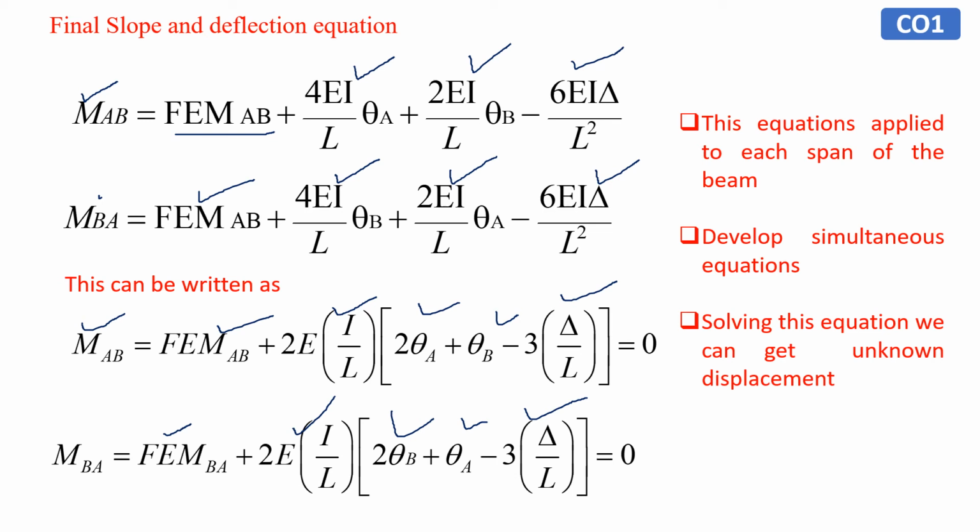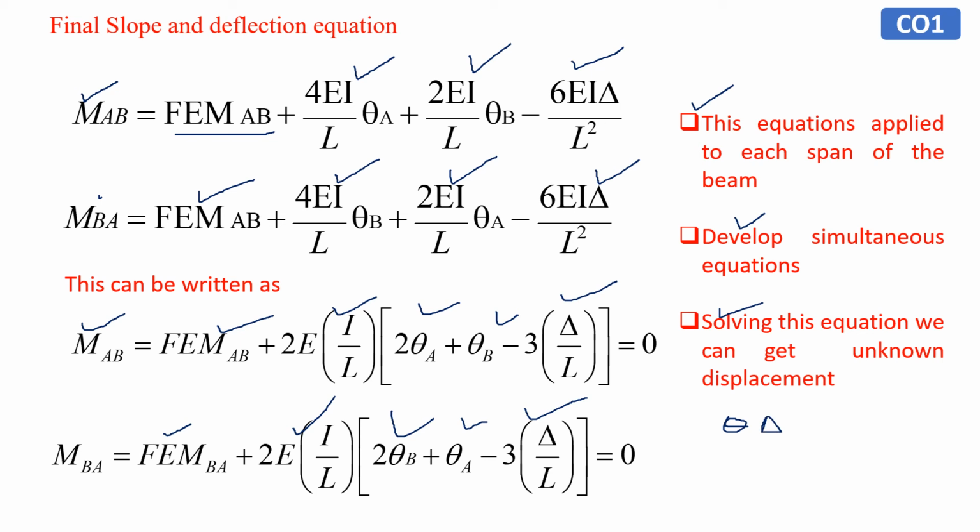So the different steps that we are going to follow in the analysis of a structure using slope deflection: the final slope and deflection equation is applied to each span of the beam, we develop the simultaneous equations, and solving these equations we get the unknown displacements theta and delta.